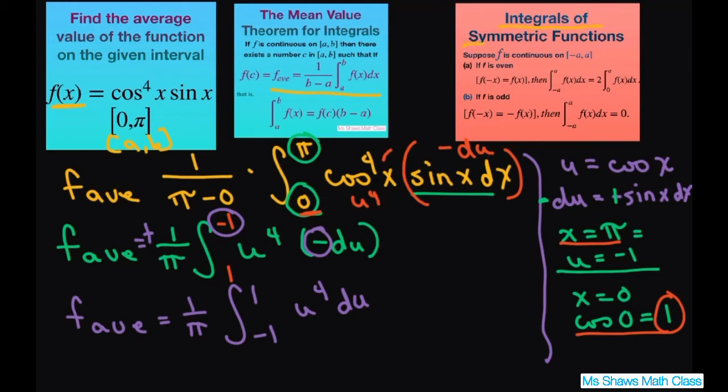All right, so we can go ahead and integrate this, and what we're going to use is our integrals of symmetric functions to make this easier. Our u to the 4th is an even function, so we're going to let this equal this.